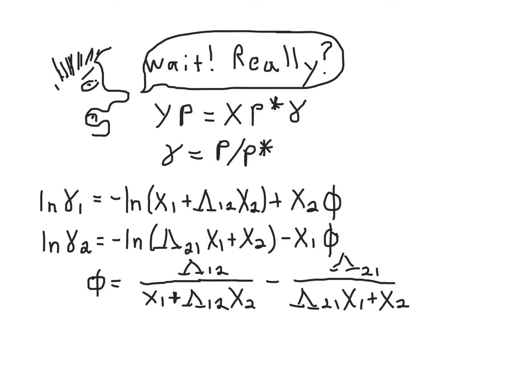Now here I've written out the Wilson equation for you. You can come back here later to write it down, or you can just get it out of the book.